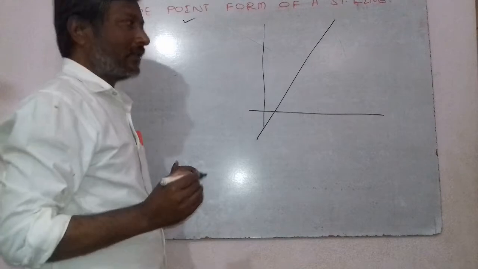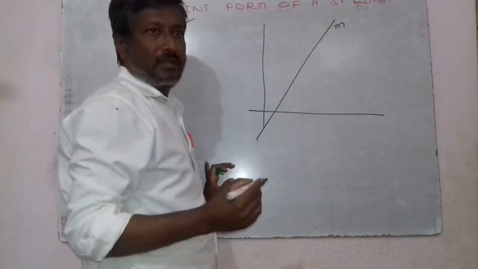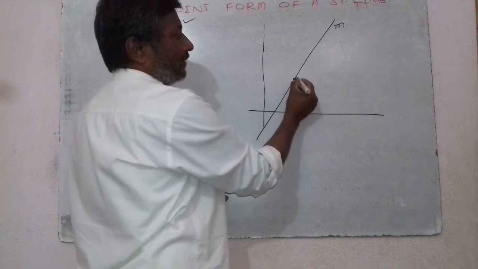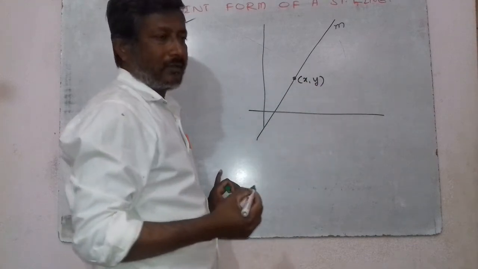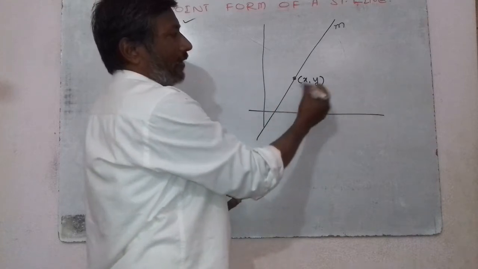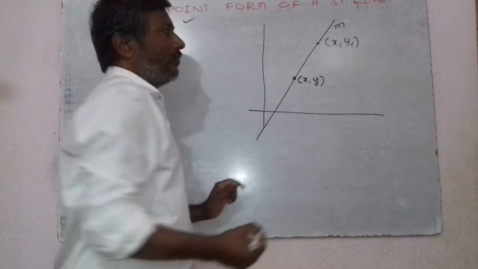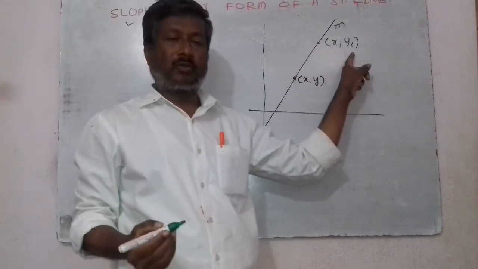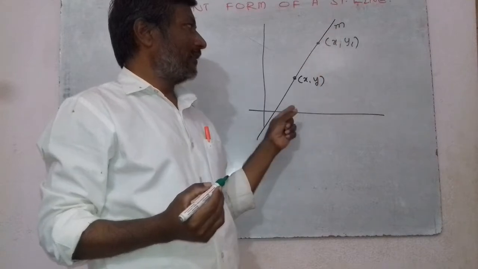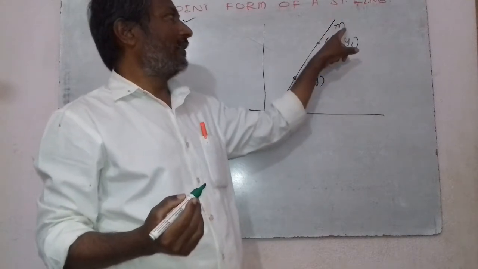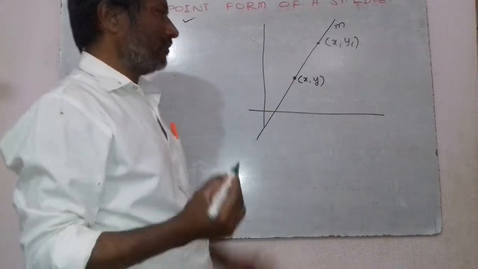So this is the straight line whose slope is m, and x comma y is the general point, and one point is given, x1 y1, where x1 y1 is the given point and x comma y is the general point of the straight line whose slope is equal to m.